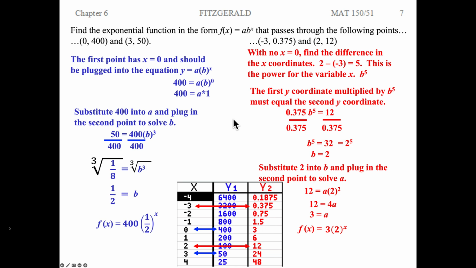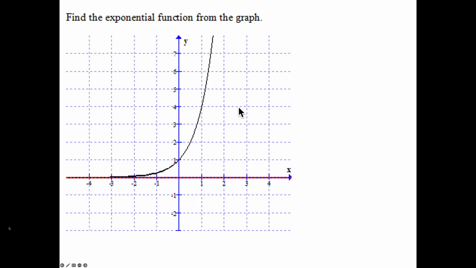Now, another thing we're going to have to do is find the exponential function given a graph. Predominantly, you are looking for your common point with relationship to your horizontal asymptote. When that's 1 unit away, that's my common point 0, 1. Then remember we talked about those 3 points.